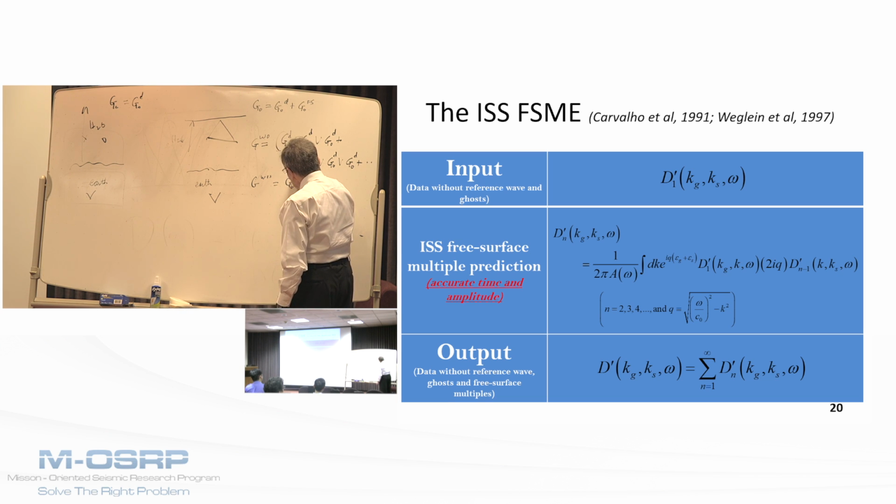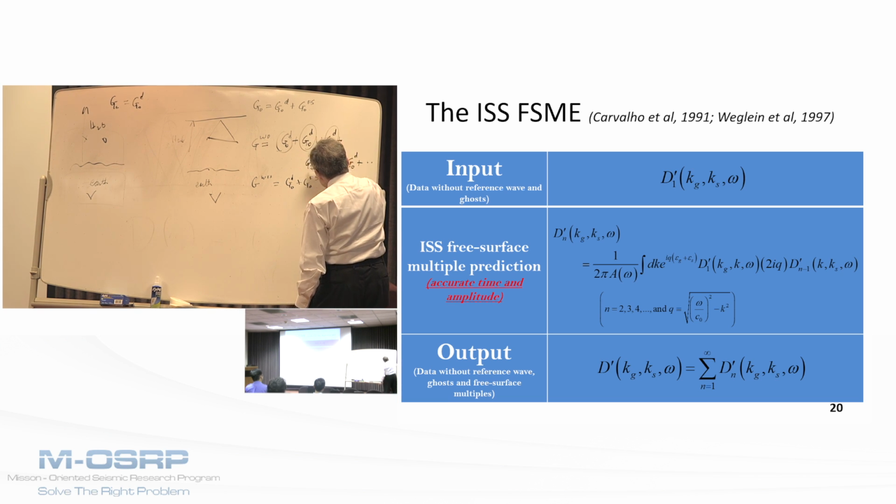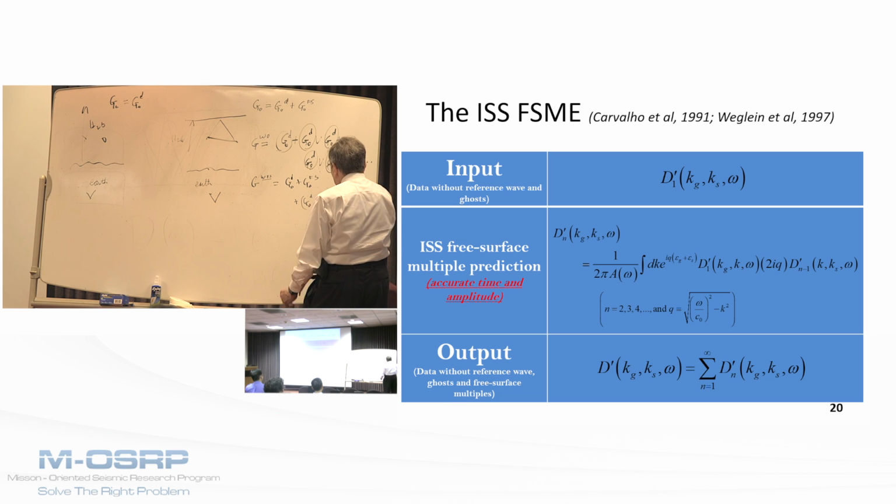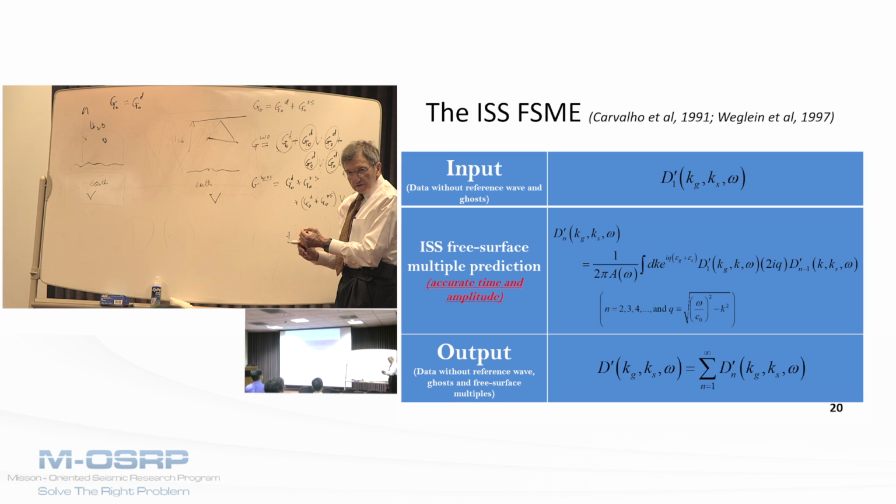So this one, with the free surface, is G0D plus G0FS, V, and then the same thing. In other words, it's just a different reference Green's function, the same Earth.